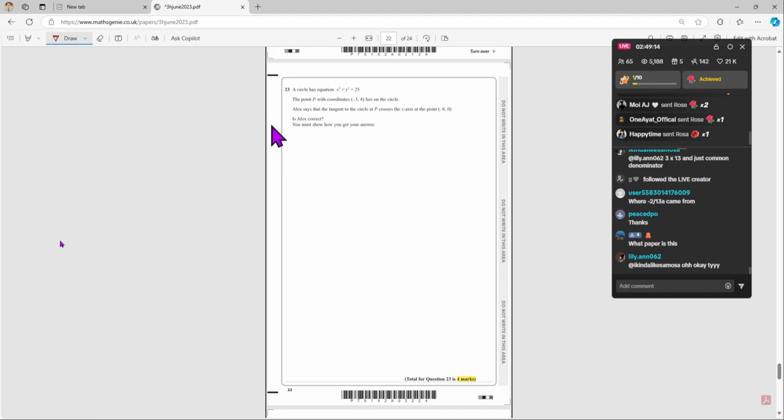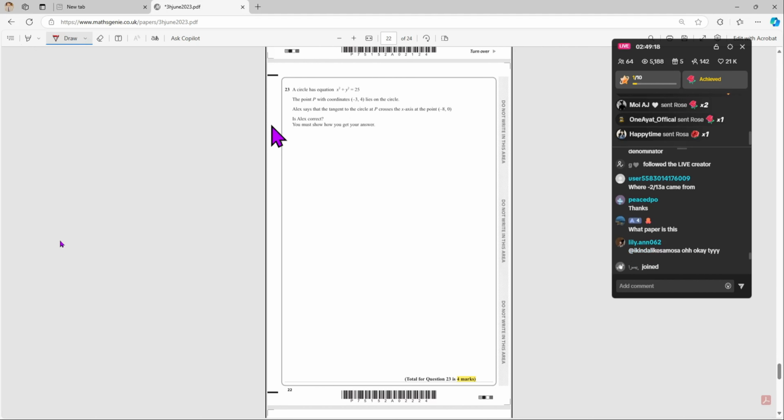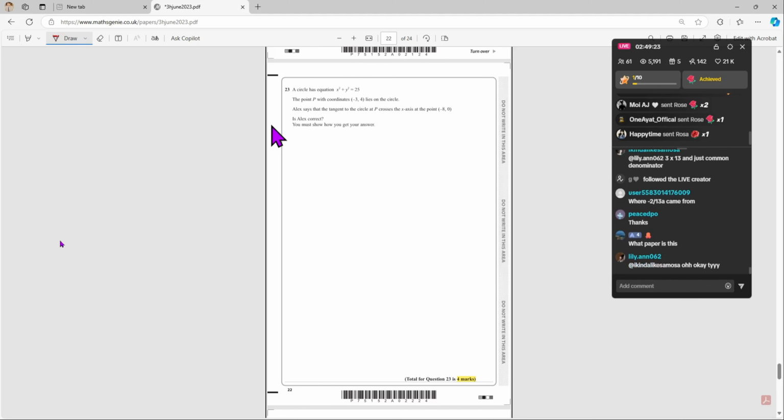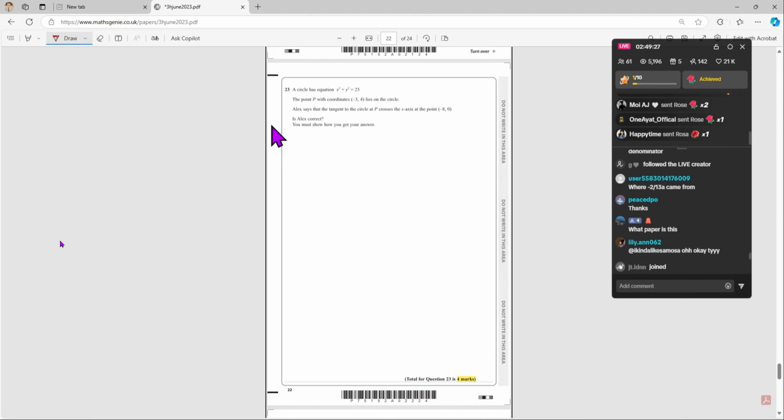The point P with coordinates minus 3, 4 lies on the circle. Alex says that the tangent to the circle at P crosses the x-axis at the point minus 8, 0. Is Alex correct?